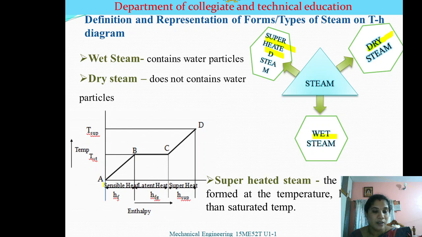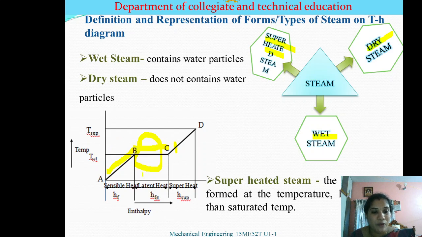We heated the water from 0 degrees Celsius to the boiling point. The further addition of heat made the conversion of wet steam into dry steam, or the liquid state into the gaseous state. That is what we told you. The steam present in this particular region is called what? Wet steam.